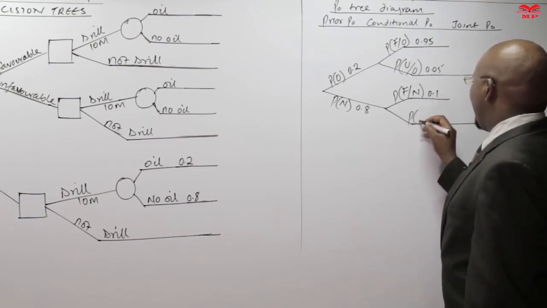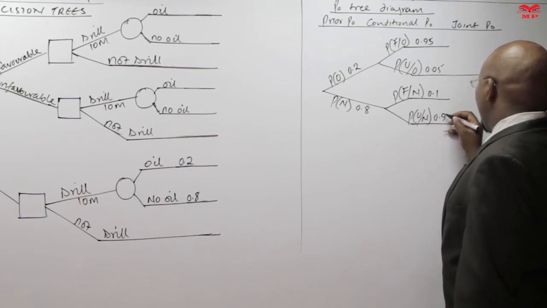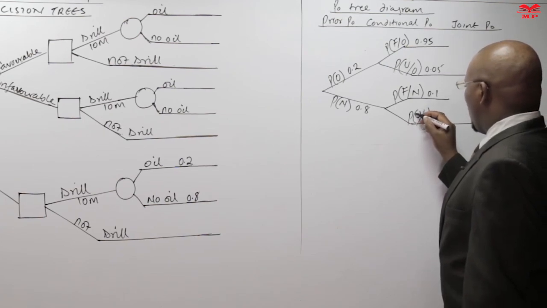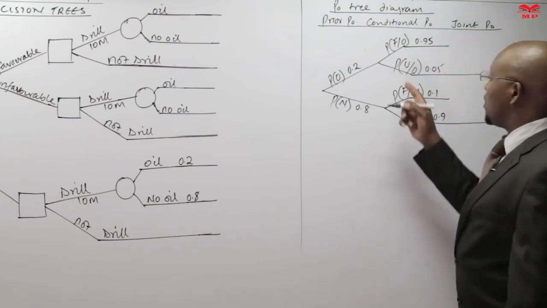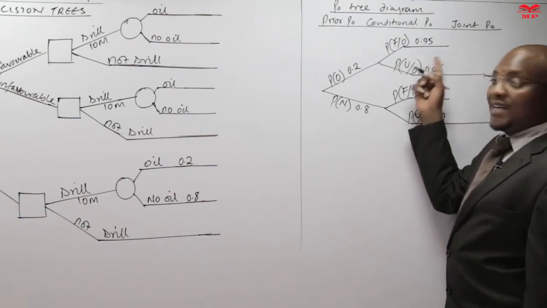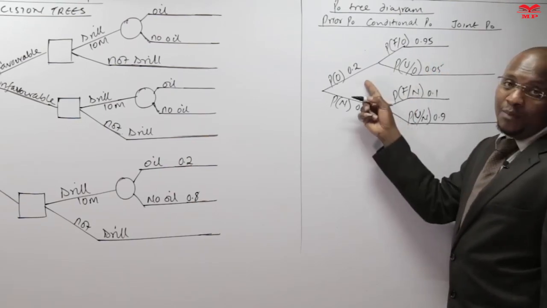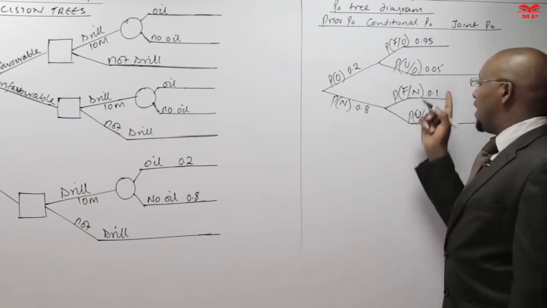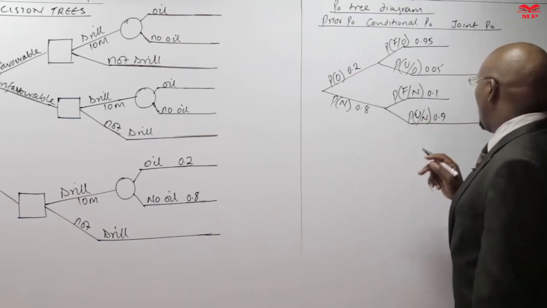So probability of unfavorable report given no oil is 0.9. This is the correct position: if there is no oil, we should get an unfavorable report. If there is oil, we should get a favorable report. So these are just errors, a 5% chance of them giving us a bad report when there is oil, and a 10% chance of a bad report when there is no oil.